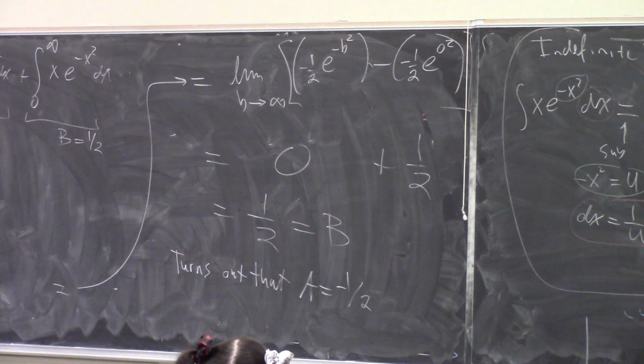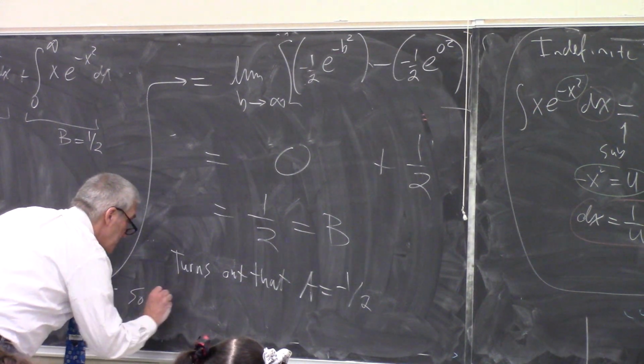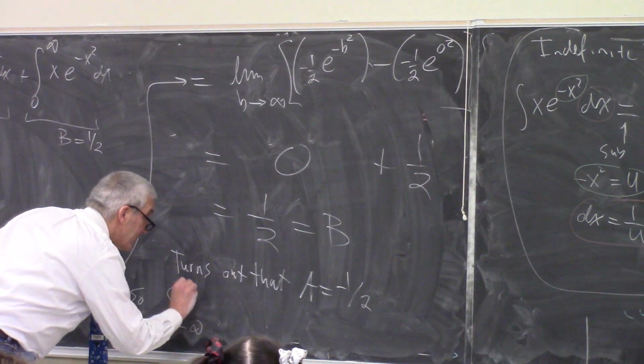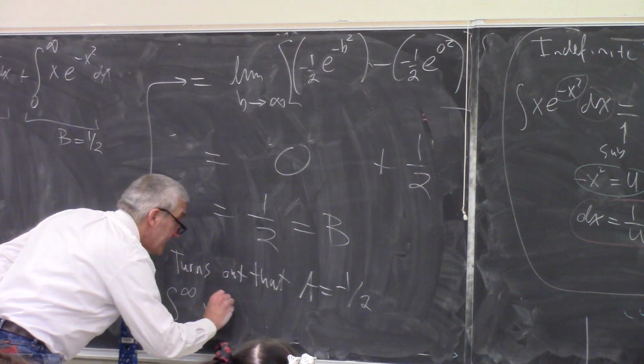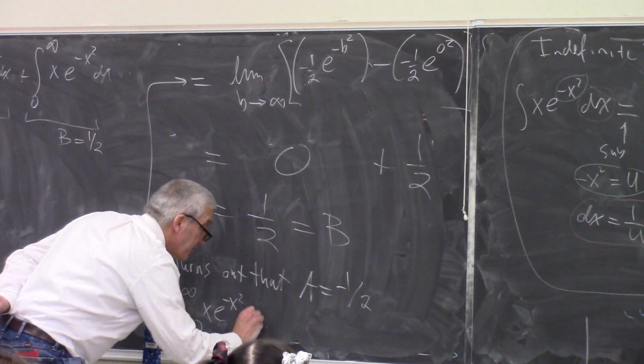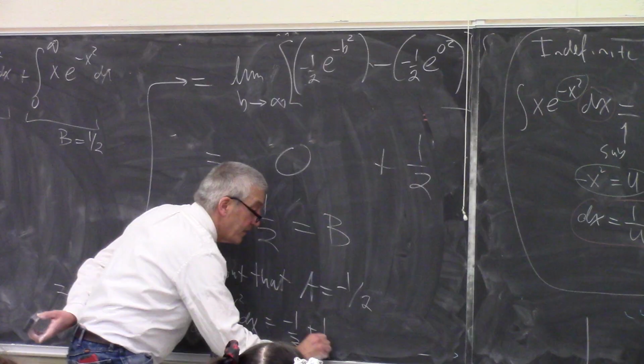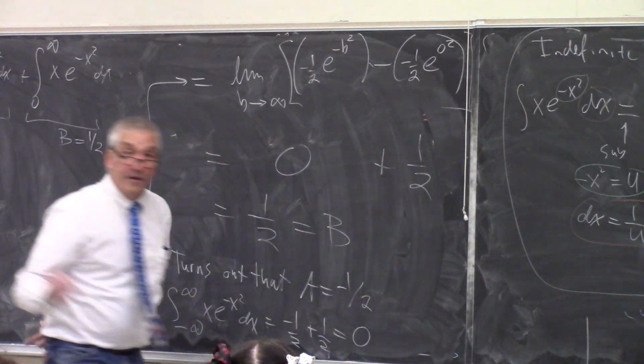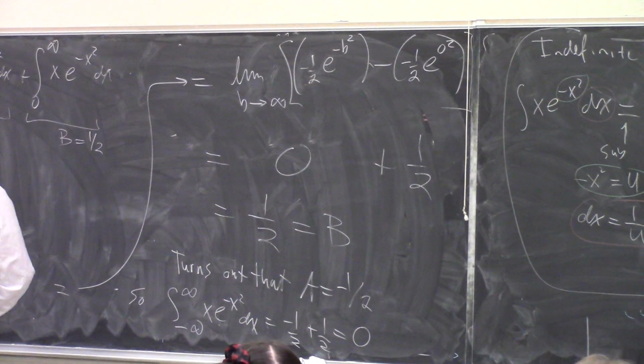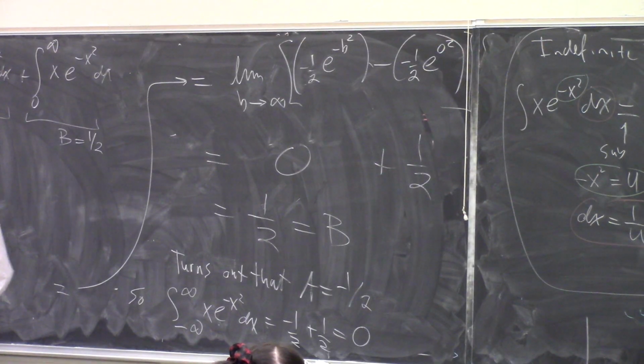So the integral from minus infinity to infinity of x e to the minus x squared is going to be minus 1/2 plus 1/2, so it's going to be the number 0. So the integral converges and its value is 0.